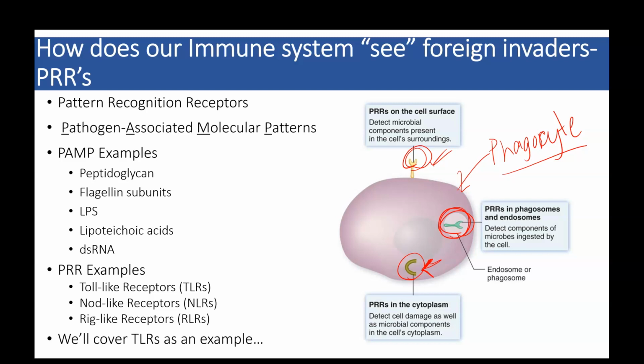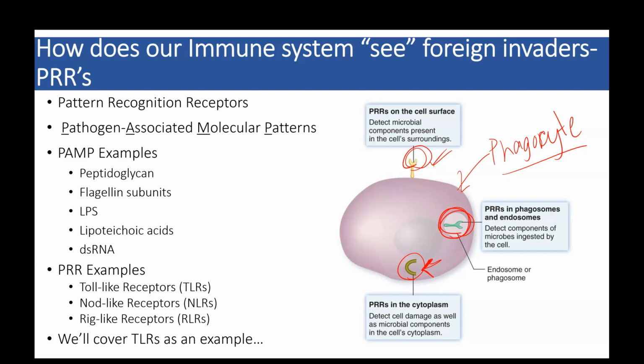Where do we see double-stranded RNA? There's only really one place that we will ever see double-stranded RNA, and that is in a virus. Remember that some viruses are RNA viruses, and they're double-stranded. In fact, I want to say the coronavirus is a double-stranded RNA virus.